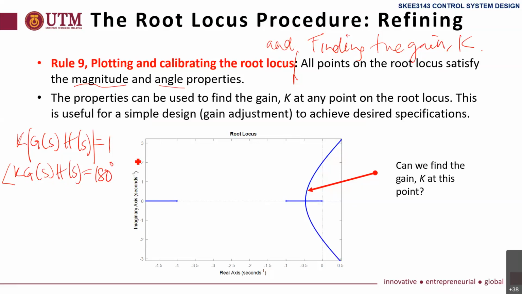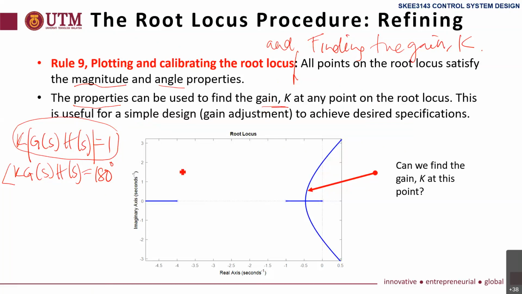All points on the root locus, which are the poles, satisfy both criteria. So by using these properties, especially the magnitude property, we can find K at any point.